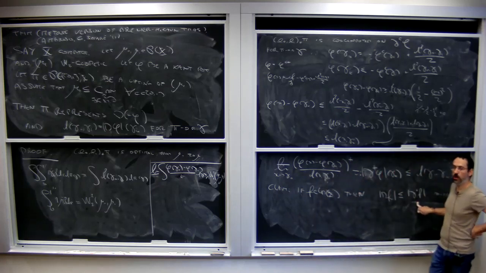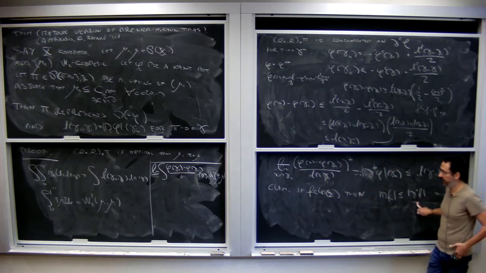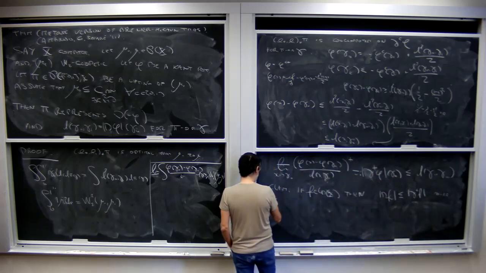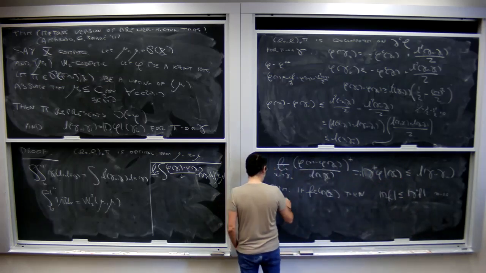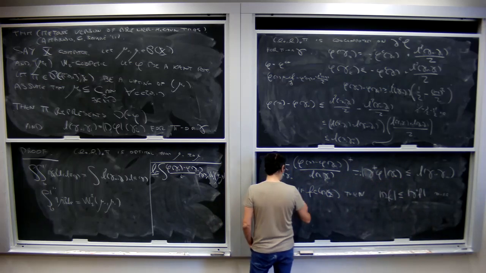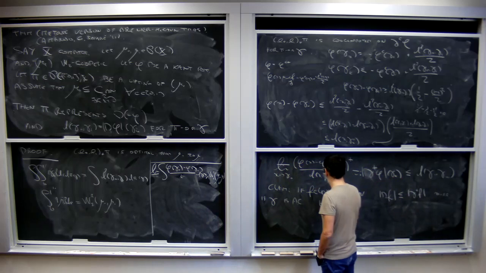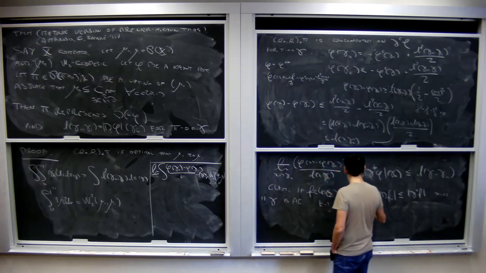I can prove this by using the weak upper gradient property. The point is that if f is Lipschitz and gamma is absolutely continuous, then I still know that f of gamma t is absolutely continuous.